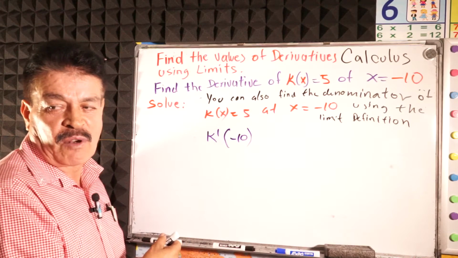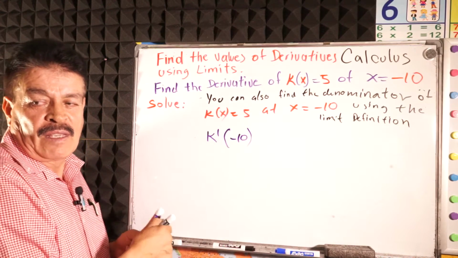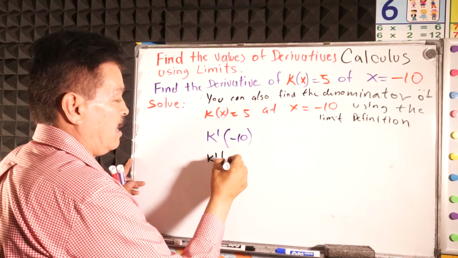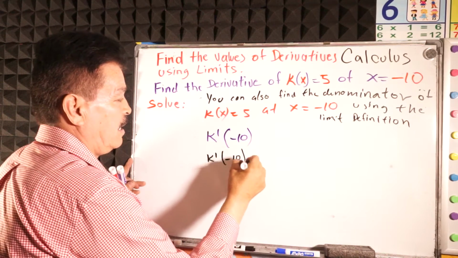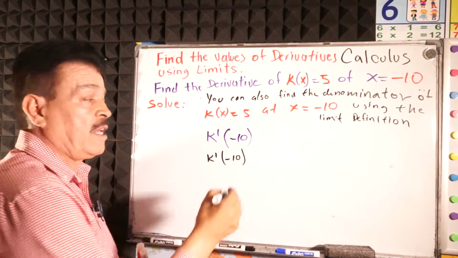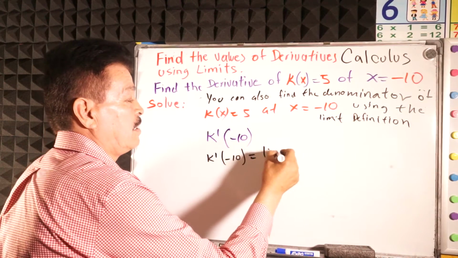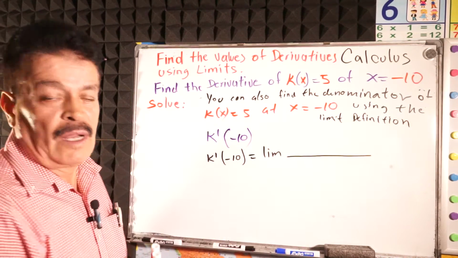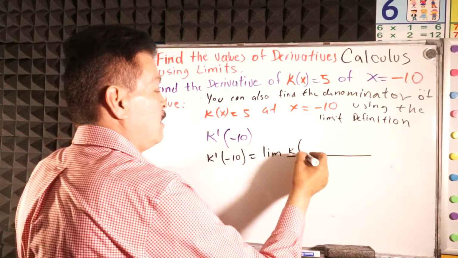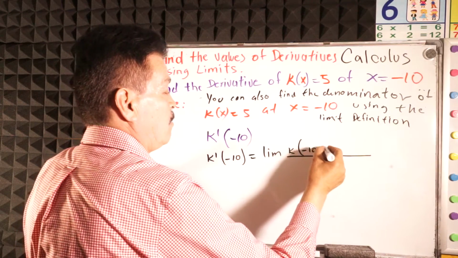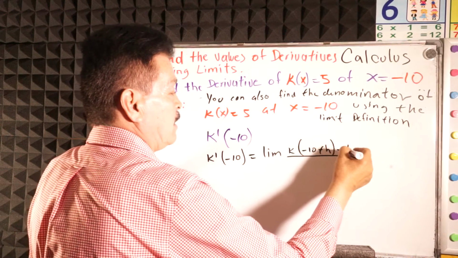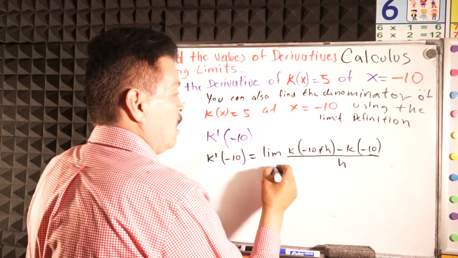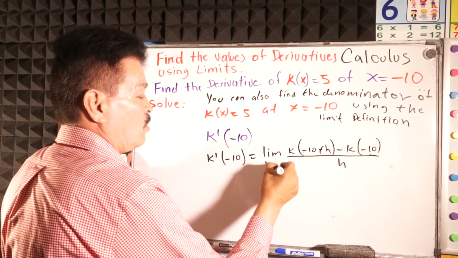Remember the last problem? We will have k prime of negative 10 equals limit of k of negative 10 plus h minus k of negative 10 divided by h, when h approaches 0.